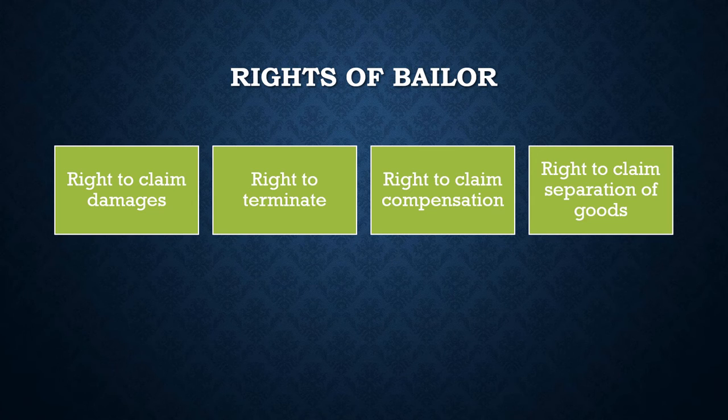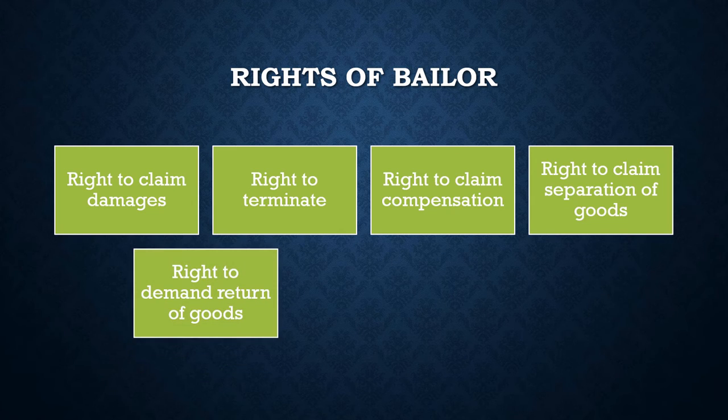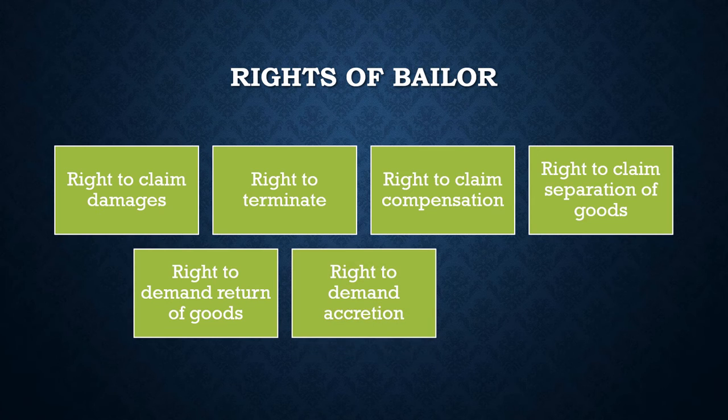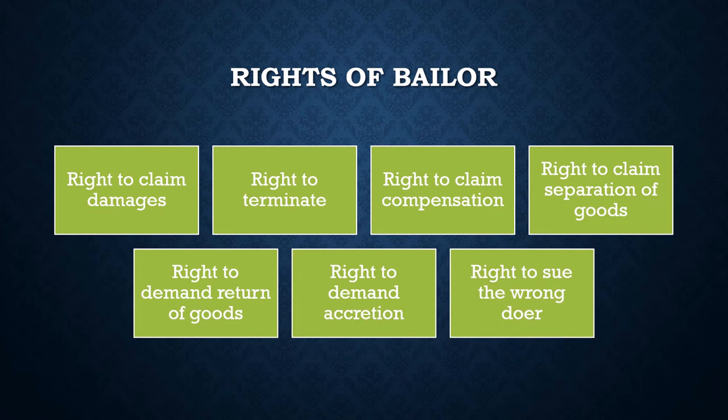And in such cases, what can the bailor do? Bailor can definitely demand return of goods. No doubt he can terminate the contract, he can demand return of goods, and if at all the goods are not in a position to be returned, he can claim compensation as well. So right to claim compensation extends to all these circumstances.